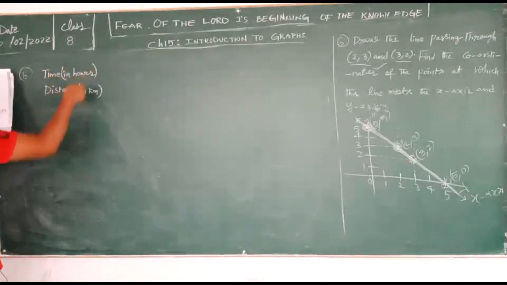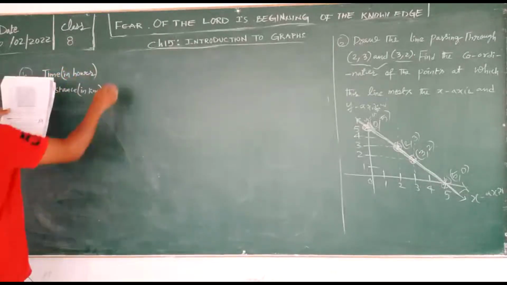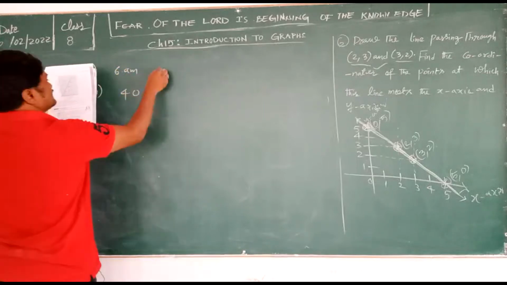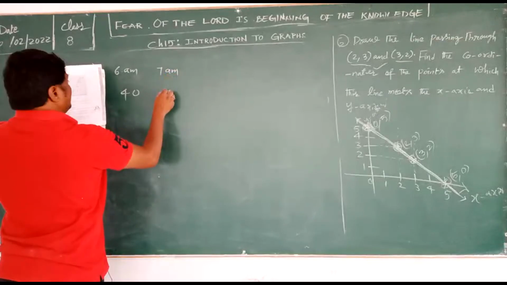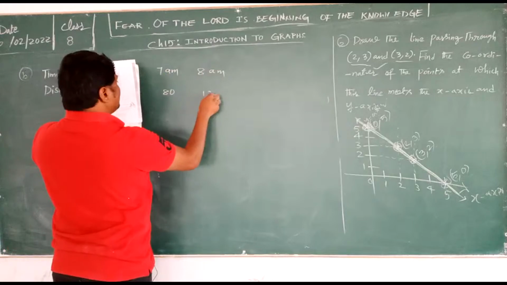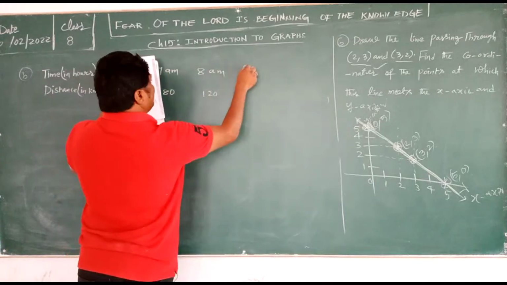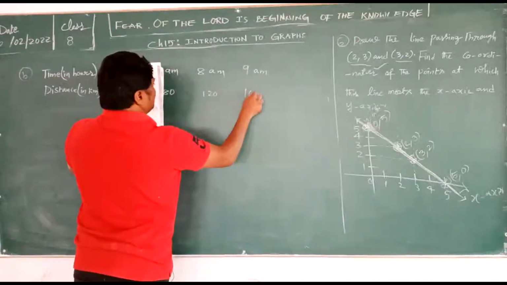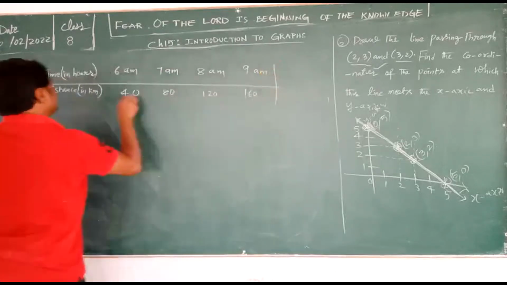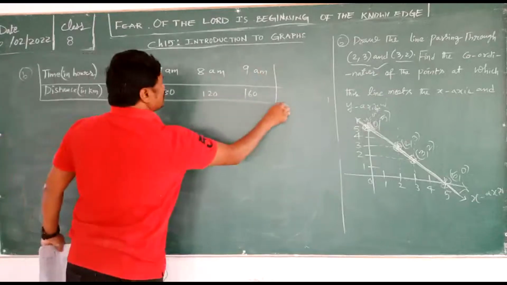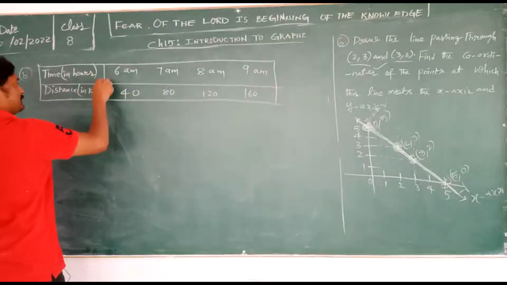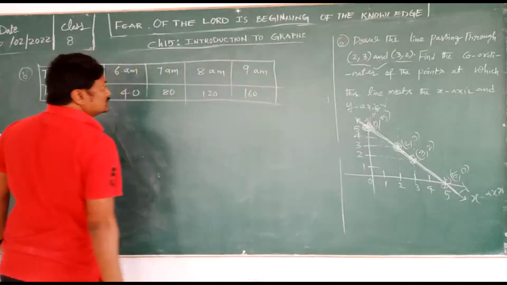Time in hours, distance in kilometers. 6 a.m., 40 kilometers; 7 a.m., 80 kilometers; 8 a.m., 120 kilometers; 9 a.m., 160 kilometers. Very simple question again. Simple question. Like this only you have to solve every problem in this exercise. Let me finish this part and I'll give homework for you.